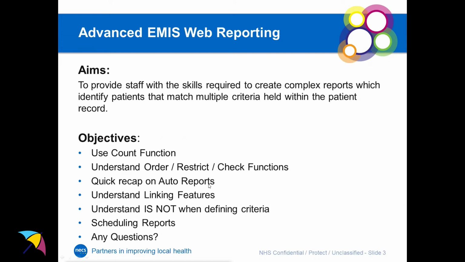We had a look at auto reports. We had a look at basically how we can use them to establish which piece of data has got a patient onto our report. We had a look at the linked features. So effectively saying, show me patients with this, without a later this, or with a later this. Let's say for example, show me patients in hospital.